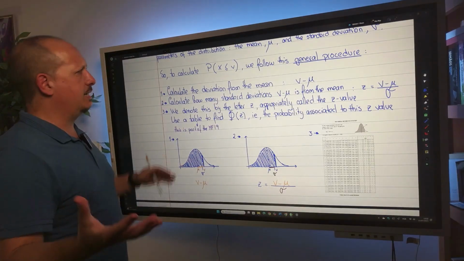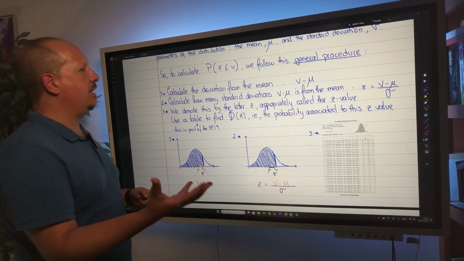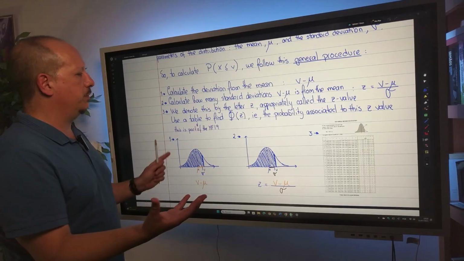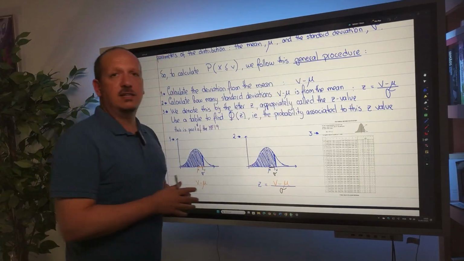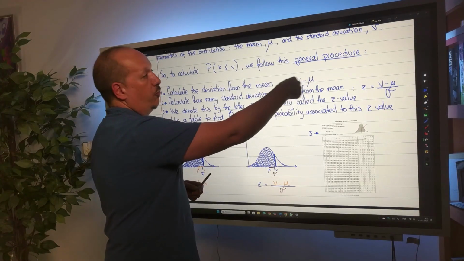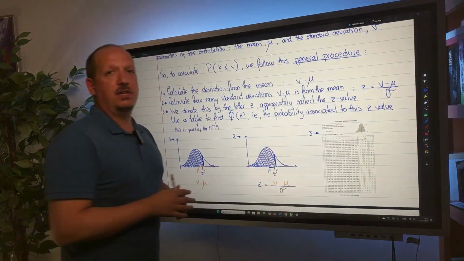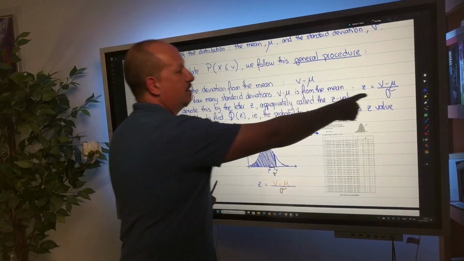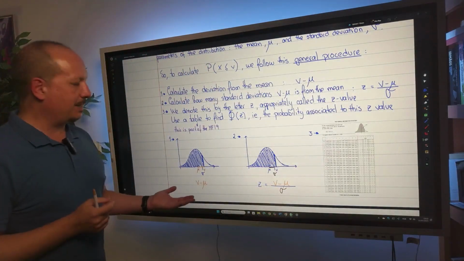So what is the next step? You are going to see how many standard deviations away from the mean your value V is. How do you do that? You divide this distance, this difference, by the value of the standard deviation. So you can put this in terms of standard deviations, if that makes sense. All right?